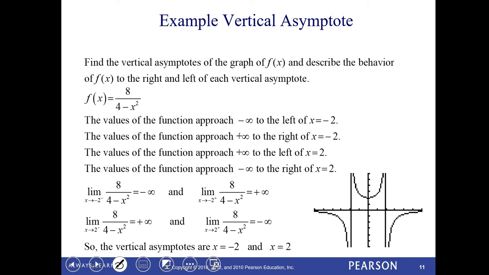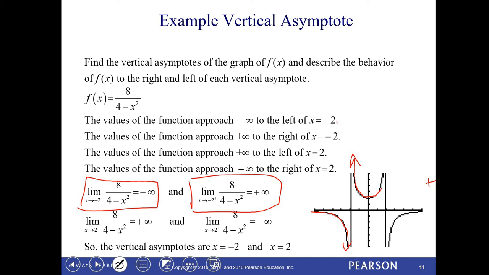Okay, so as we approach negative 2 from the left, the limit as x approaches negative 2 from the left, that's this piece, goes down, so that is negative infinity. However, the limit as we approach negative 2 from the right, coming from the positive or right side of my graph, goes to positive infinity.